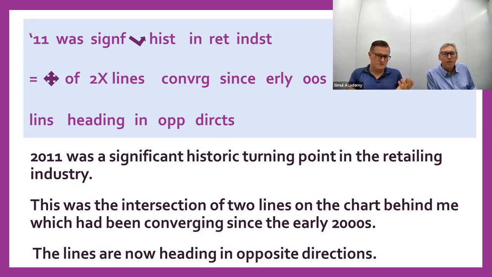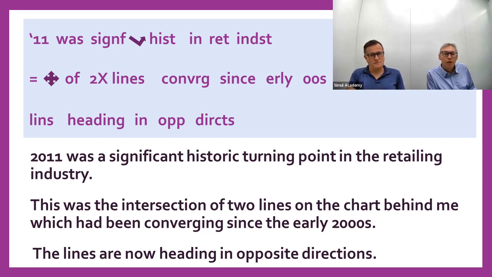All right, Mark. So, first of all, you've got: 2011 was a significant historic and turning point in the retailing industry. And this was the intersection of two lines on the chart behind me, which had been converging since the early 2000s.